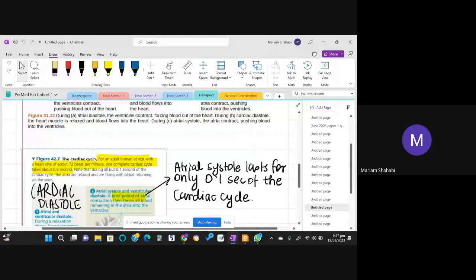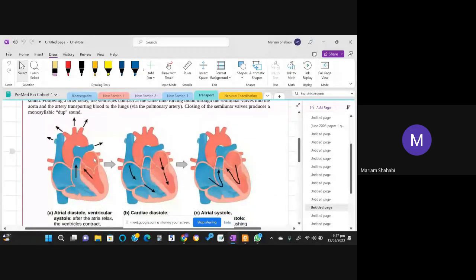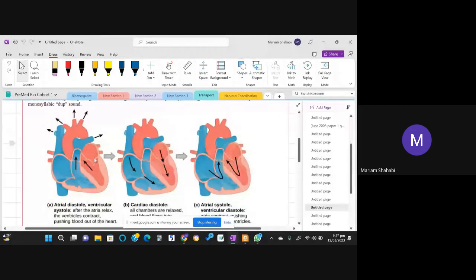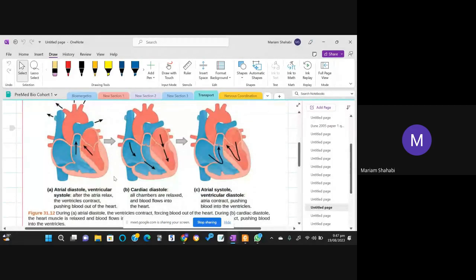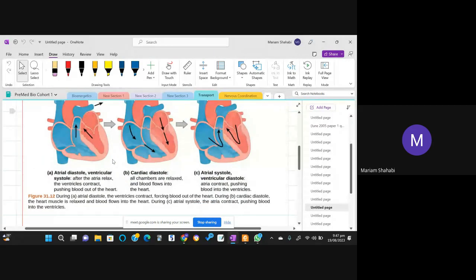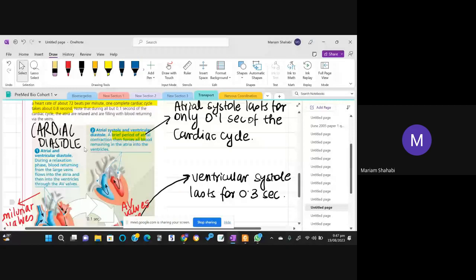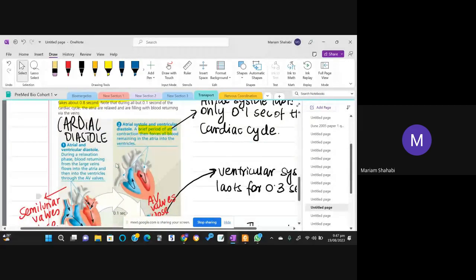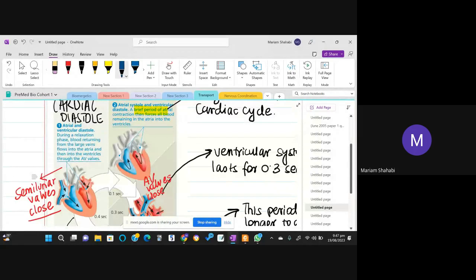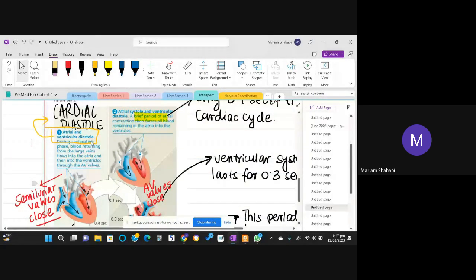We start in a state where both the atria and the ventricles are relaxed. ठीक है, दोनों chambers relaxed हैं, no contraction whatsoever, the entire heart is relaxed, और इस state को बोलते हैं diastole, atrial diastole, और ये वाला diagram से start करना था. हाँ, यहाँ पे atrial diastole and ventricular diastole दोनों relaxed हैं. तो पूरा heart ही relaxed है तो इसको बोलते हैं cardiac diastole. सही है. इस stage में दोनों chambers relaxed हैं.